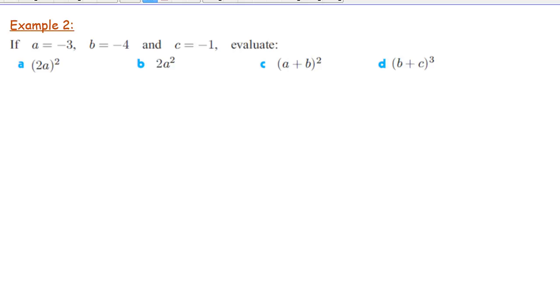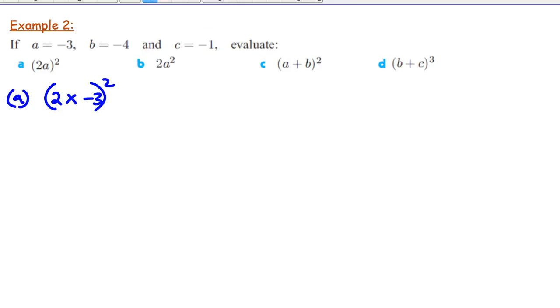Example 2, I start with 2a. In 2a, we are required to find the value of 2s squared. So remember to use brackets. So 2 multiplied by a, which is -3 squared.